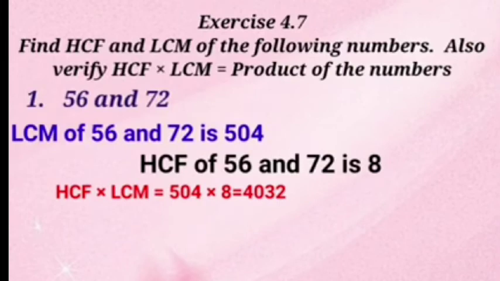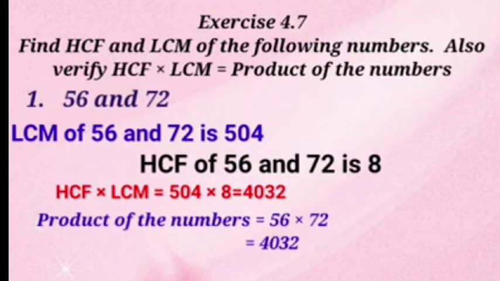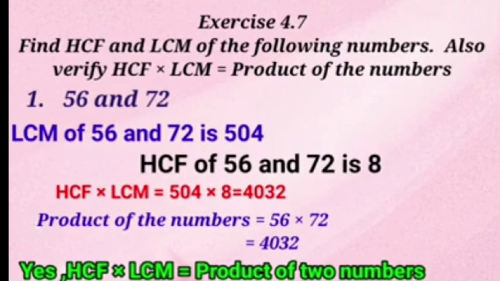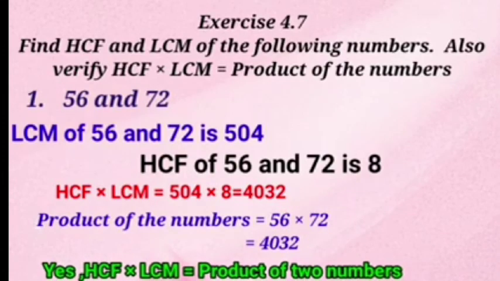It is 504 multiplied by 8. Result is 4032. And second one, we have to find the product of these two numbers. So, product of these two numbers, 56 multiplied by 72, result is again 4032. So that means yes, it is correct that HCF multiplied by LCM is equal to product of two numbers.